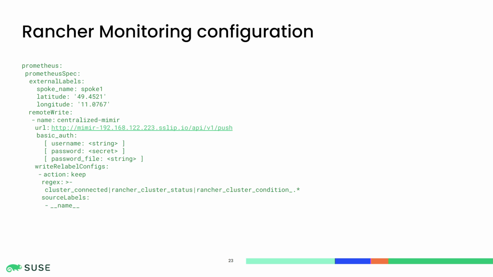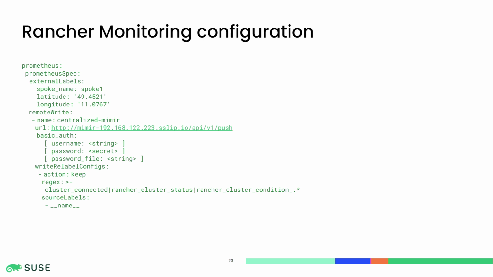In order to enable the remote writing, we have to modify the existing Rancher monitoring configuration. So we add 3 distinct portions here. First, we supplement the external labels so that the information gathered by Prometheus is tied to information such as naming the spoke and the location of the spoke using longitude and latitude.